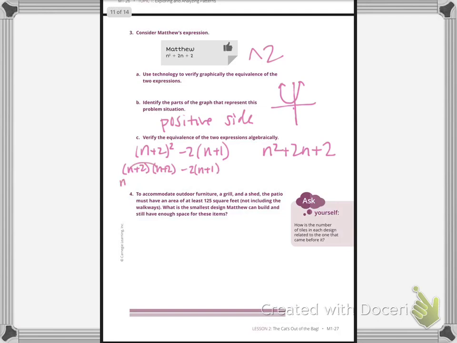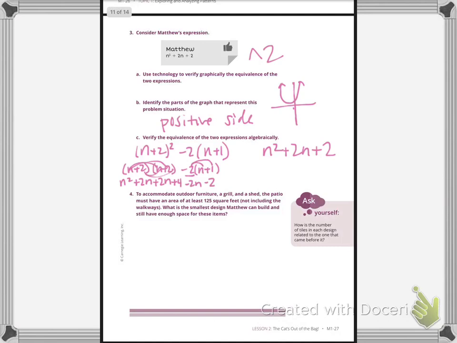So n times n gets me n squared, n times 2 is 2n, 2n, 4. So you distribute the first set to the back parentheses, the second set to the back parentheses, and now I distribute negative 2. So I get negative 2n minus 2. The negative goes with it.